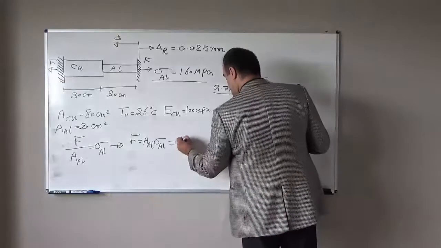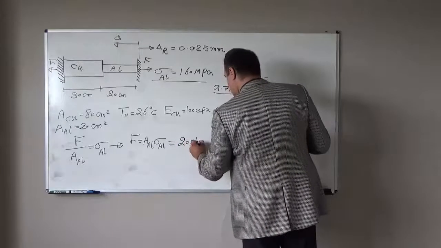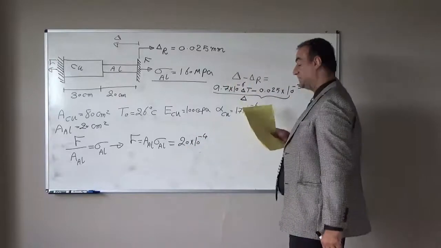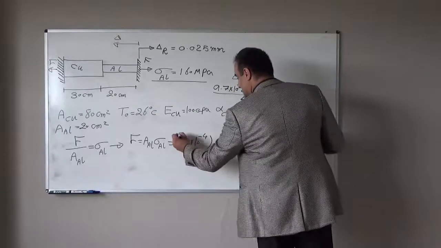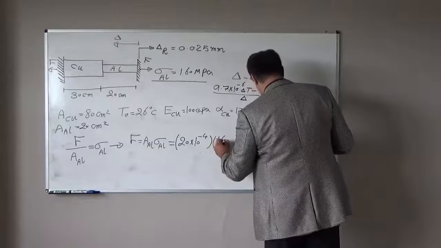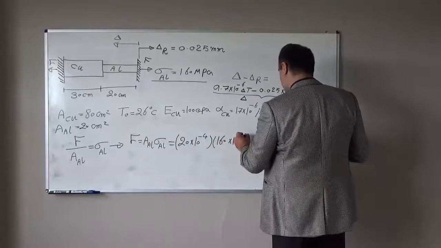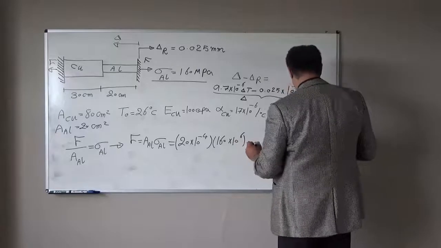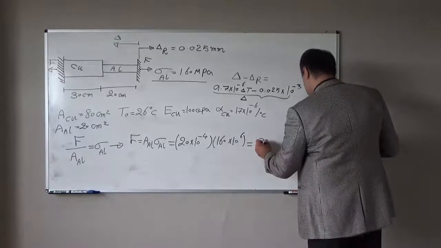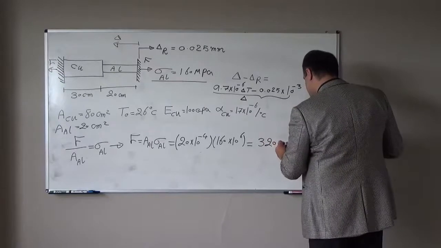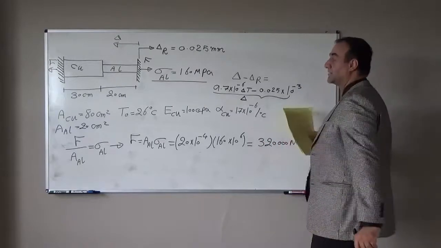So 20 times 10 to the power of minus 4, converted to meter square, times 160 megapascal, so 160 times 10 to the power of 6, will be equal to 320,000 Newton.